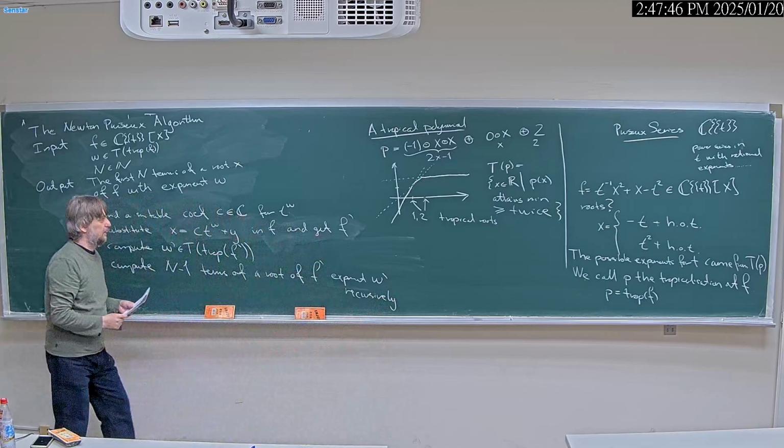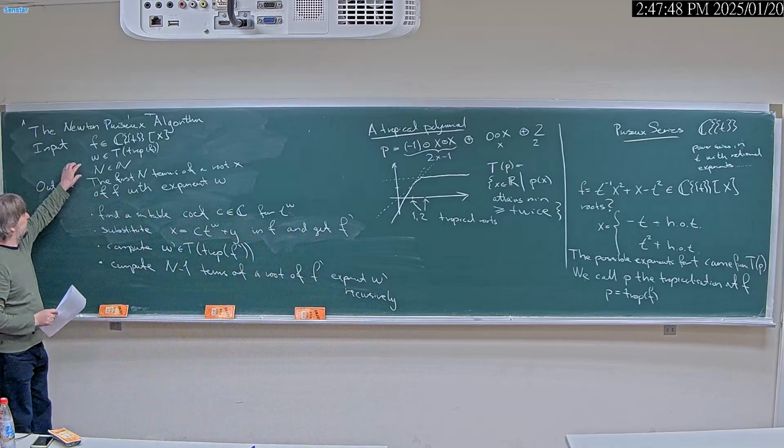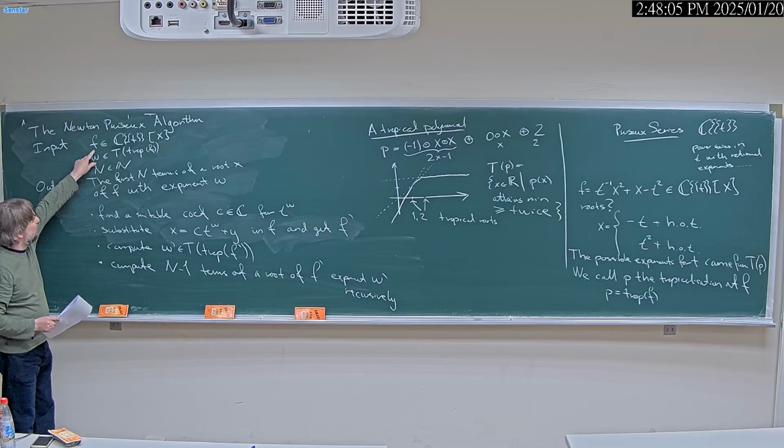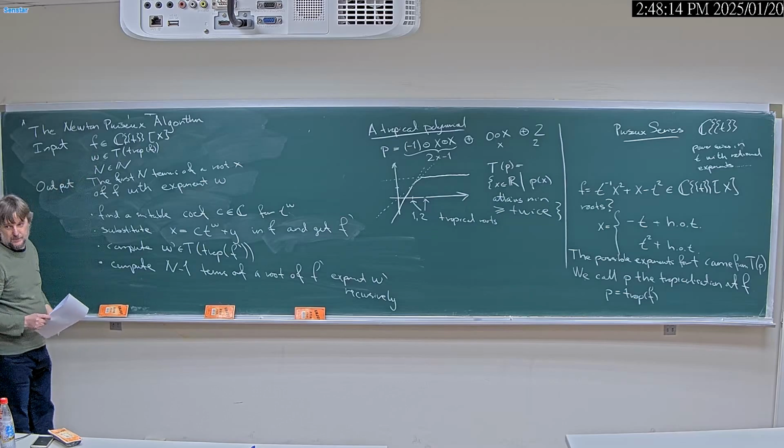Right, so I've written this as a recursive algorithm. We figure out what the first coefficient should be, figure out what the next exponent should be, and then we call the algorithm to get the following terms. So if you want to find roots of a single polynomial over the Puiseux series, then you would use the Newton-Puiseux algorithm.